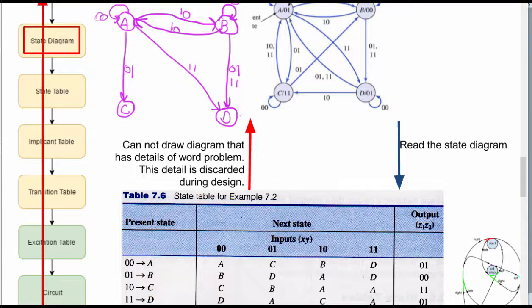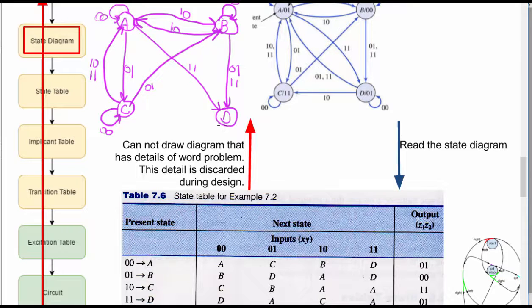Okay. C goes to C if it's a 0, 0. C goes to B if it's a 0, 1. C goes to A if it's a 1, 0, or if it's a 1, 1.